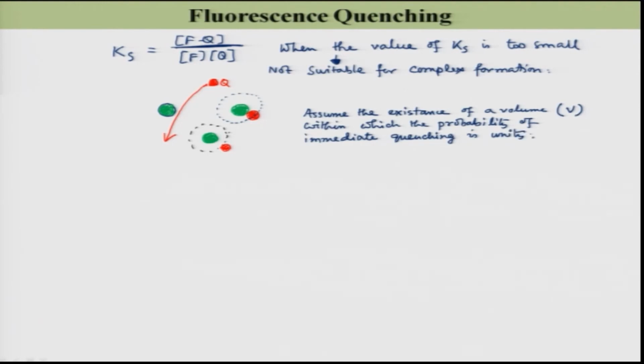So, if the radius of the fluorophore I write as R f, and the radius of the quencher I write R q.